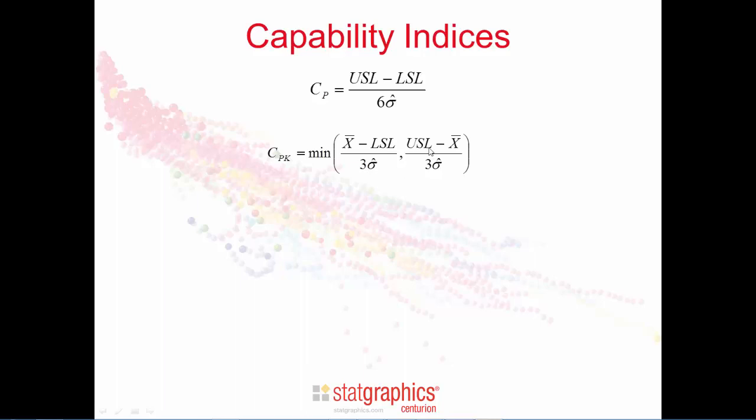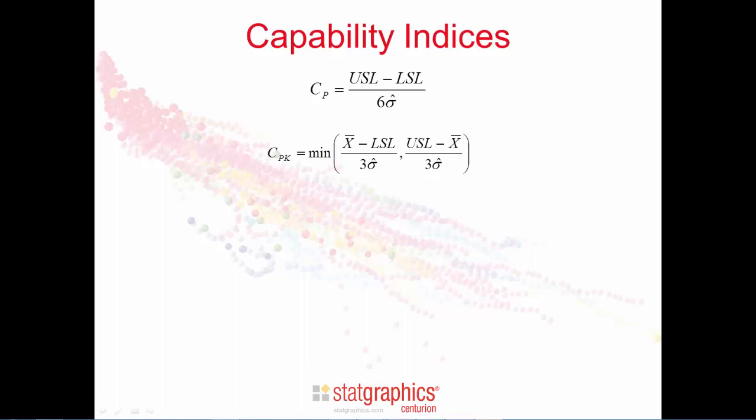It then calculates the upper spec minus the mean and divides that by 3 sigma hat. If both of those limits exist, it'll take the smaller of those two calculations. On the other hand, if you have only a single spec, it'll take whichever calculation can be made.